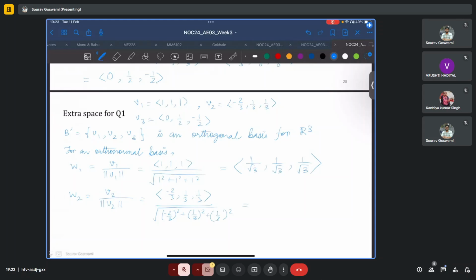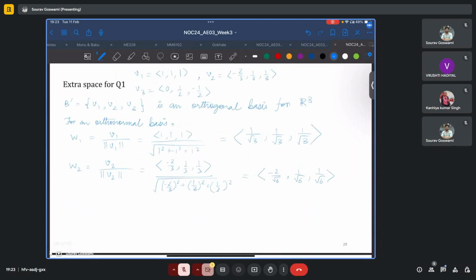This comes out to be 4 by 9 plus 1 by 9, 6 by 9, 2 by 3. So this becomes 6 by 9 or root 6 by 3. So minus 2 by root 6, 1 by root 6, 1 by root 6.